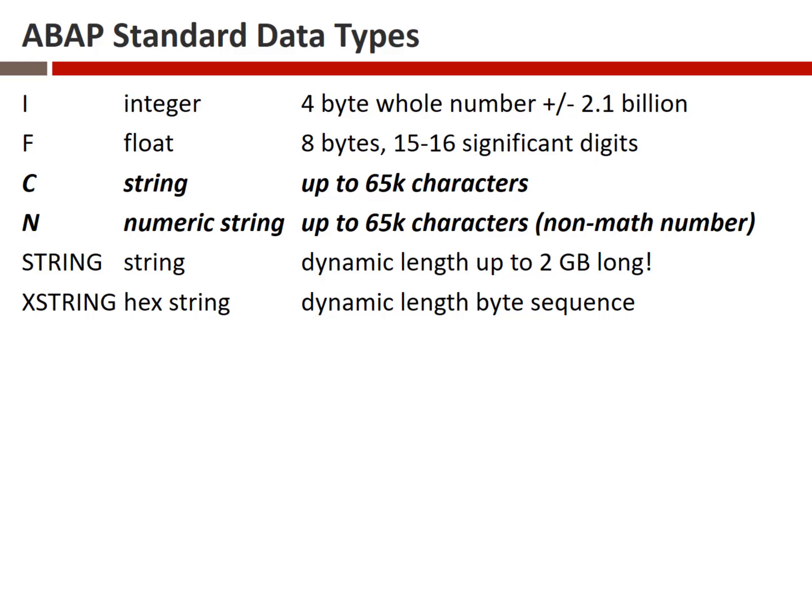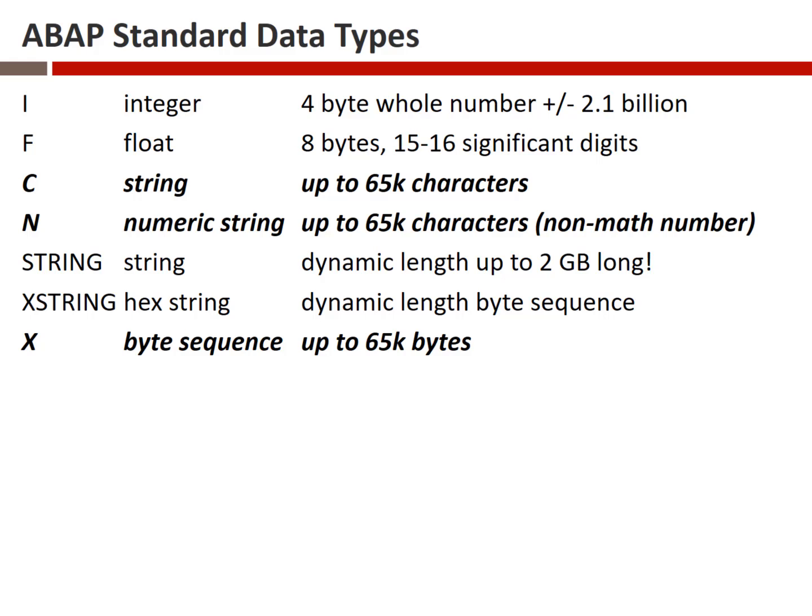We really won't use the X string in our programming this semester, and candidly, I don't know that I've ever seen a program that uses X string in it, but it does have utility in certain purposes, and so I wanted to give you a complete list for the sake of our discussion.